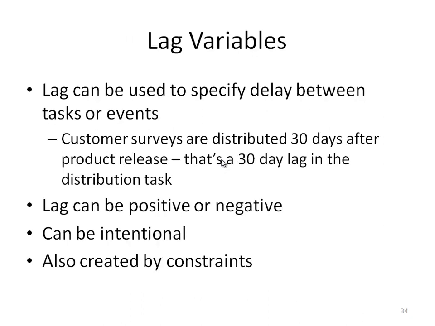For the lag, it's a variable that can be used to specify the delay between tasks or events. In the example of the paint task, painting the wall, for the first coat and second coat, we can see the variability of the lag time.